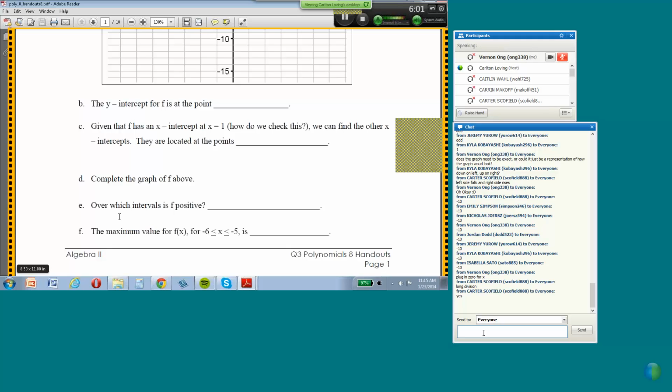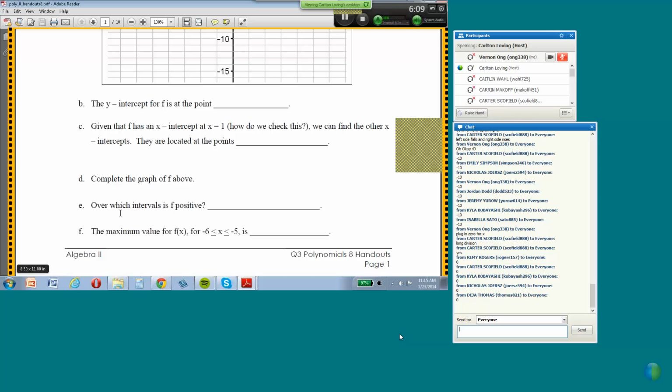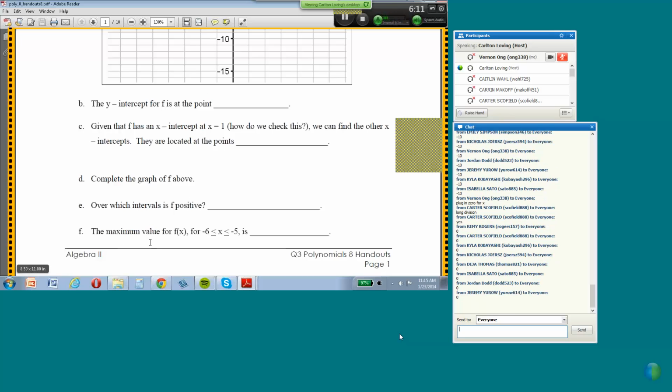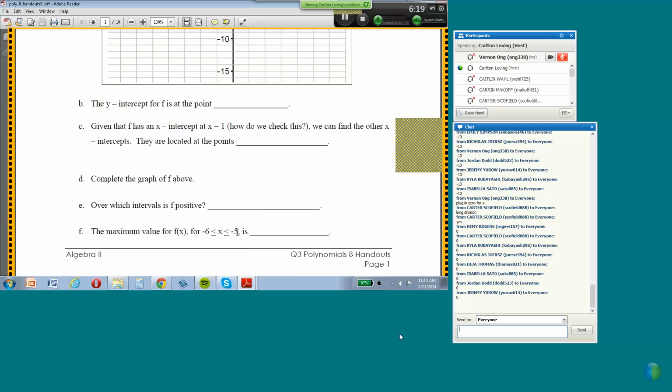If -5 is an x-intercept, what is my value for y at -5? Yeah, in fact, so what would the maximum value for that interval be?